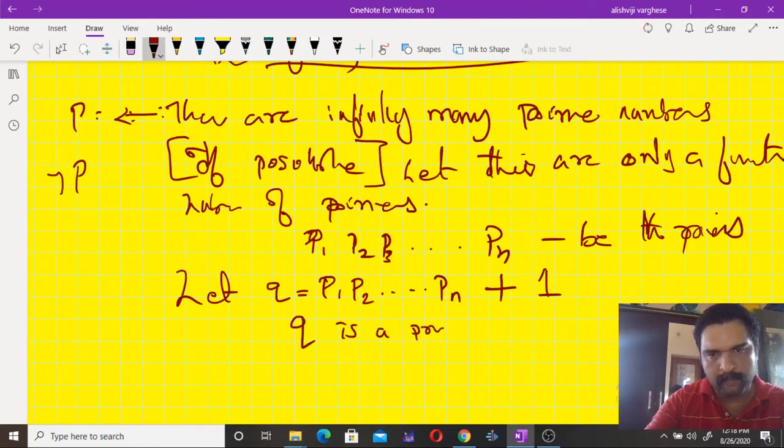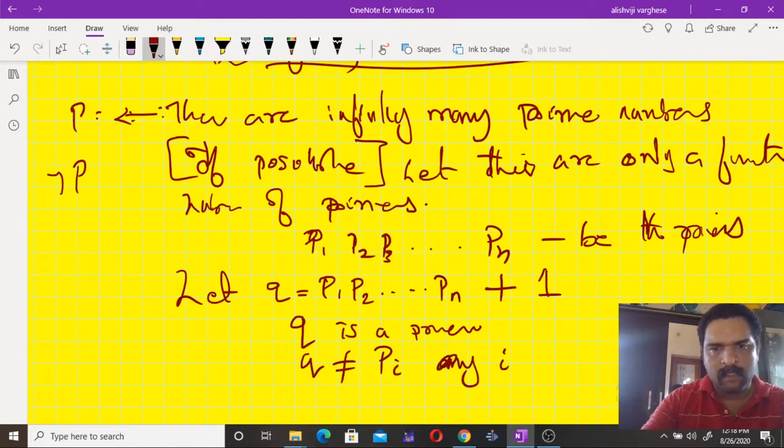So q is a new prime number, and so we can make this conclusion: q is a prime, and q does not equal pi for any i. So we assume that p1, p2, etc. pn be the set of all prime numbers, and we arrive at a new number which is prime and which does not belong to the set.